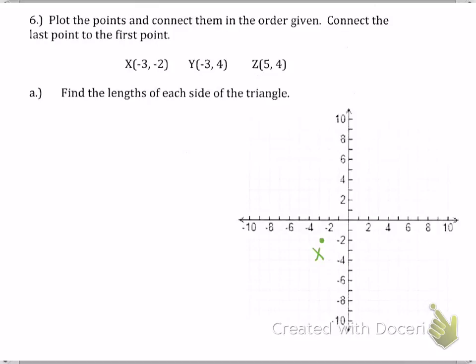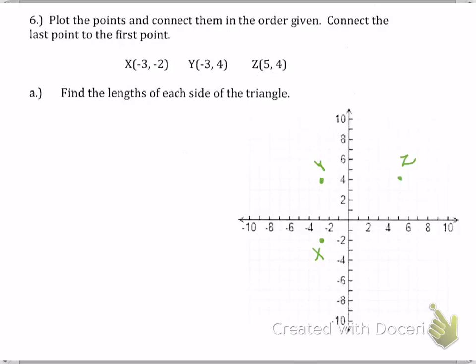Point y is to the left 3 but up 4. And we're going to label that. And z is to the right 5 and up 4. And we're going to label that.